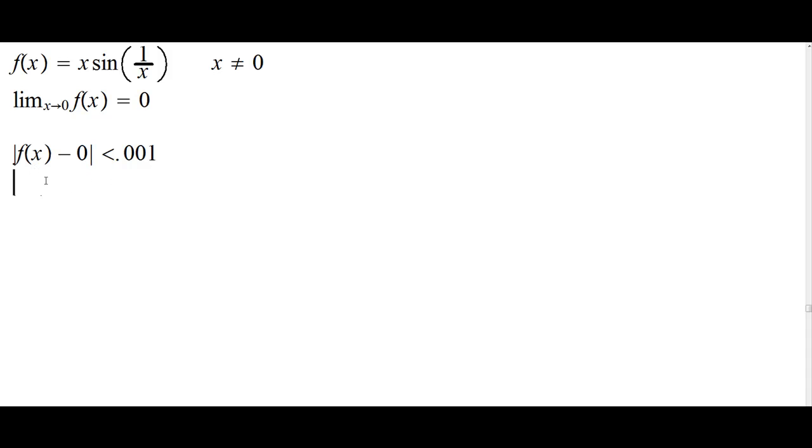Then how should we confine x near 0 for this desired proximity? So let's do these calculations step by step, and sometimes it takes a little practice to get good at it.